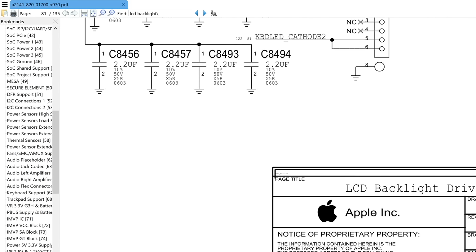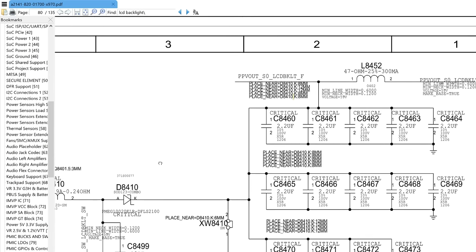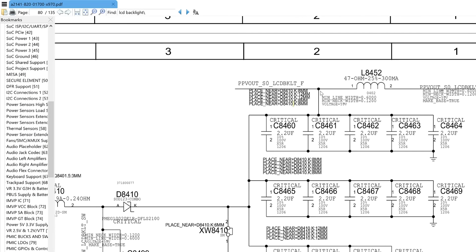That's the circuit for the LCD backlight driver. Now voltage passes through L8410 and D8410. It goes here, goes up, it gets filtered by those bypass capacitors all the way up, L8452, and it exits as PPVOUT_S0_LCDBKLT.